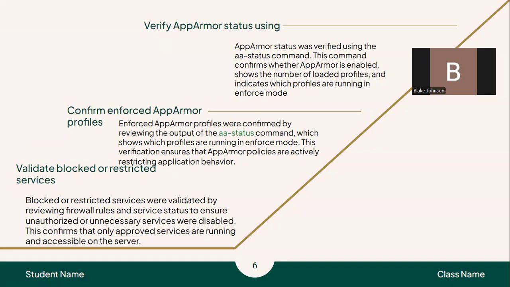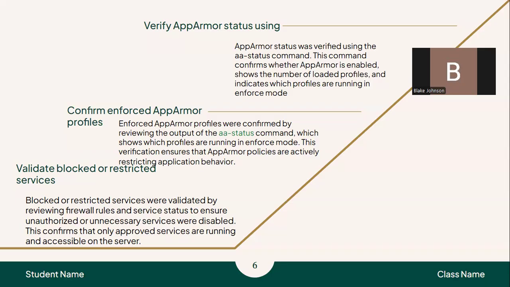On Linux, the AppArmor profiles were enforced. This limits what applications can do, reducing the risk of programs accessing files or resources they shouldn't. We also configured HTTPS to encrypt web traffic. We used IIS on Windows and Apache on Linux. This protects the data sent between servers and users from being intercepted.